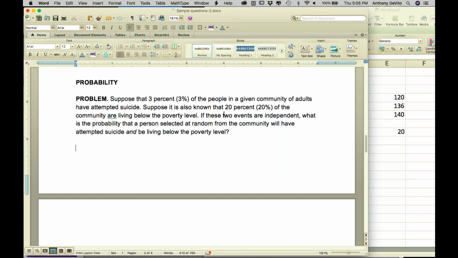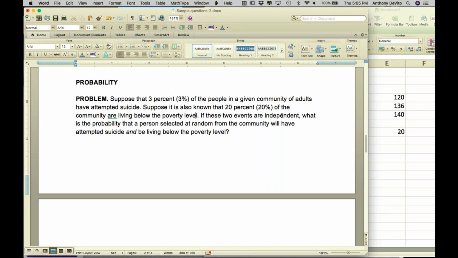3% of the population have attempted suicide, and 20% of the population is below the poverty level. What's the probability of randomly picking somebody who is both below the poverty level and has attempted suicide? If they're truly independent, it's going to be 0.03 times 0.2.